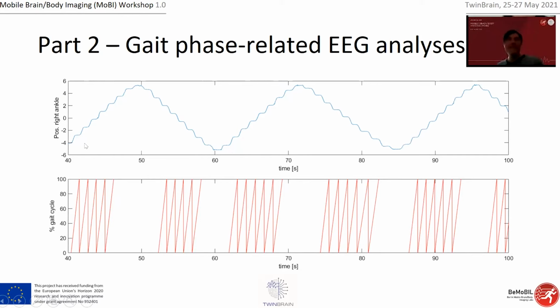Based on that, which was provided nicely by Uros, we can define in these walking patterns the moment of the gait cycle. If we have the gait cycle plotted along with the raw motion capture data, we can define gait cycles from 0 until 100%.